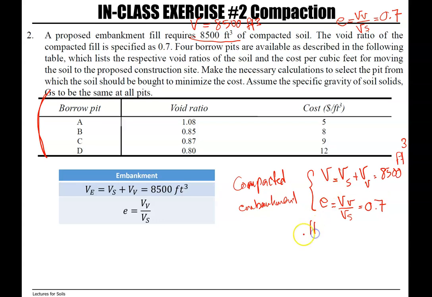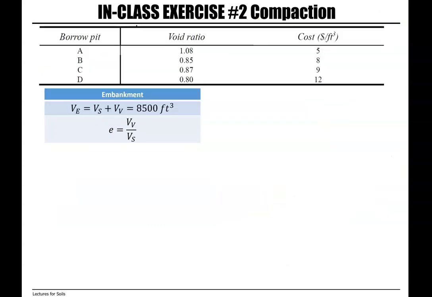From here, we need to calculate the volume of solids and the volume of void for our embankment. So we have volume of embankment equals volume of solids plus volume of void, and void ratio of embankment equals volume of void divided by volume of solids.